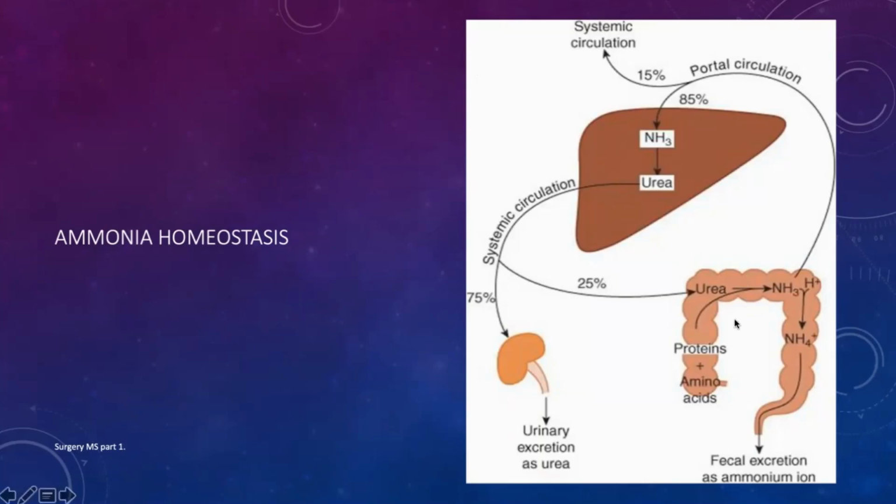So that is why we try and encourage excretion of ammonia by giving frequent laxatives, trying to keep the stools soft and clear the bowel so that the collection of ammonia is less. So that is the mechanism of a patient who is in liver failure going into hepatic encephalopathy.